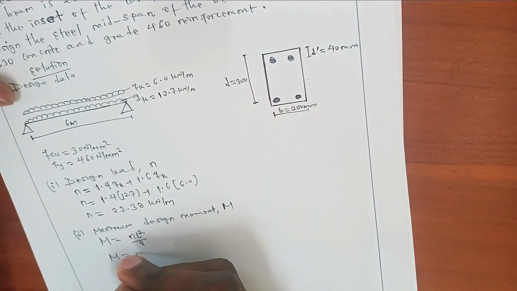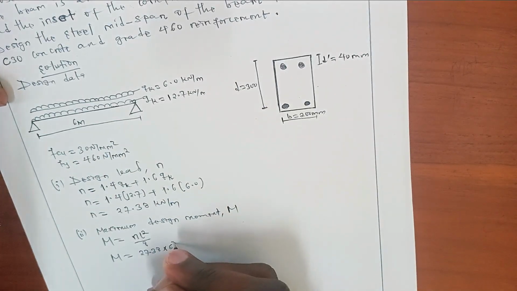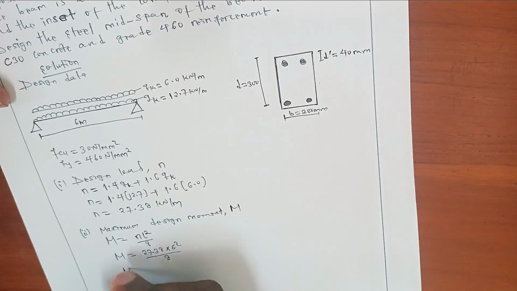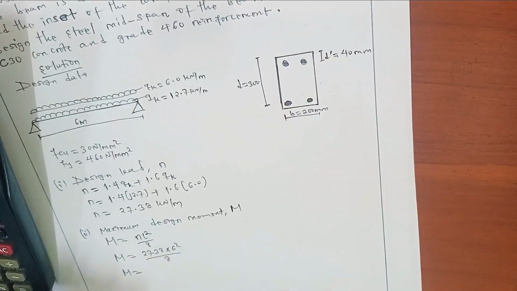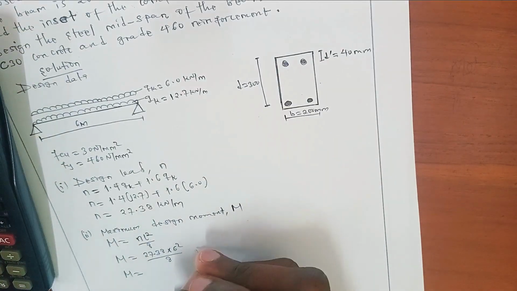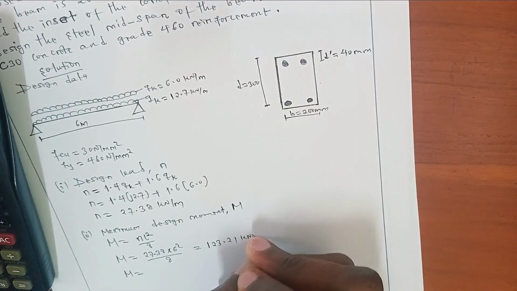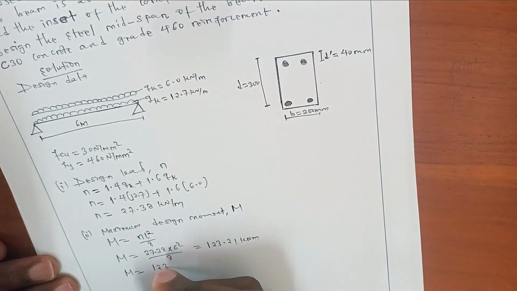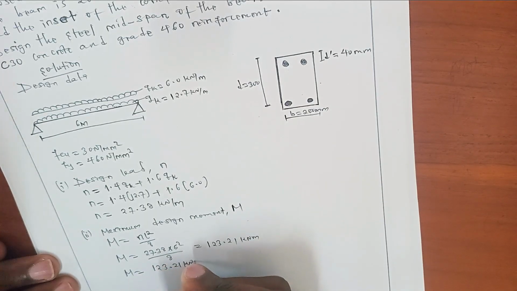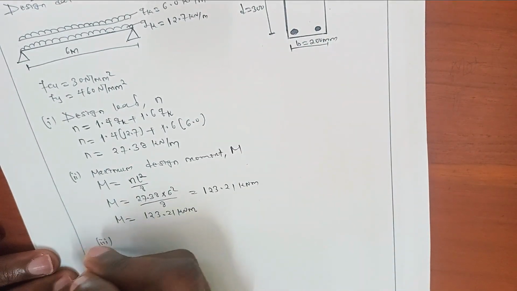So it equals 27.38 times the span, 6 square, divided by 8, which equals 123.21 kilonewton meter. Therefore, the maximum design moment is 123.21 kilonewton meter.